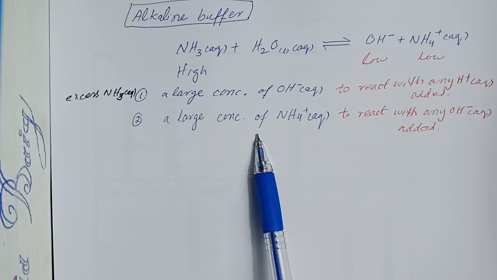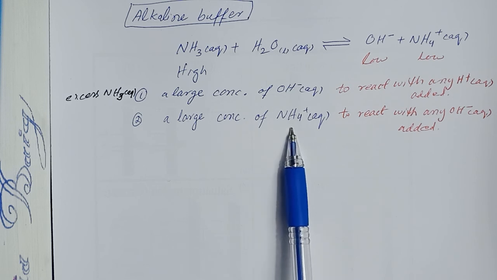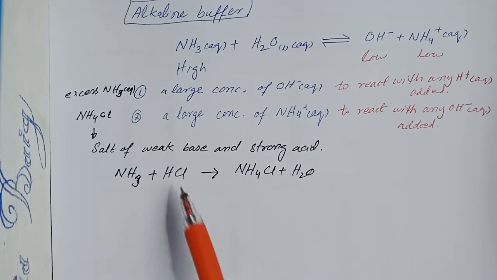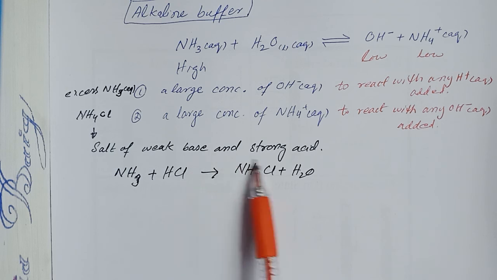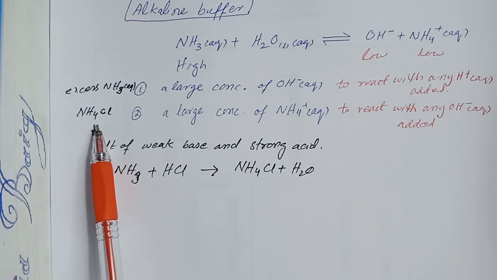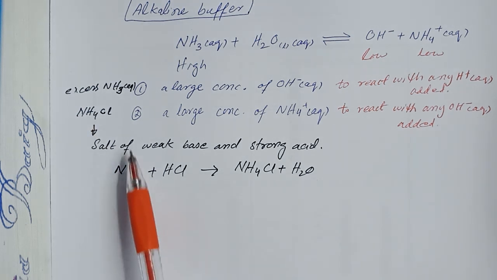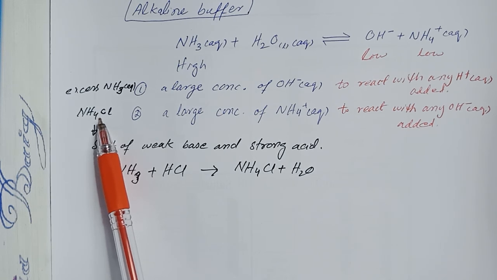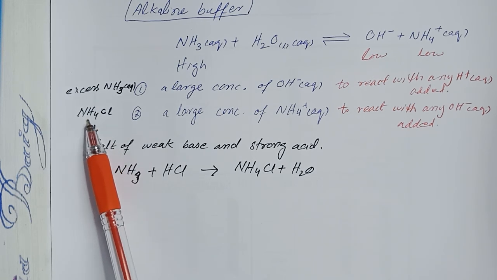So for the large concentration of ammonium ion we need a salt of weak base and strong acid. For example, ammonium chloride. So this ammonium chloride can provide the excess of ammonium ions.